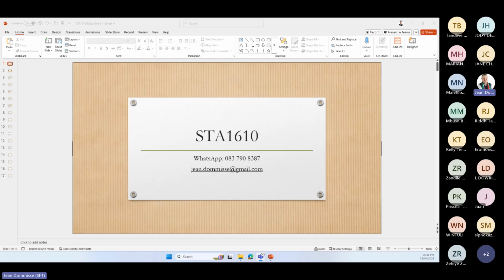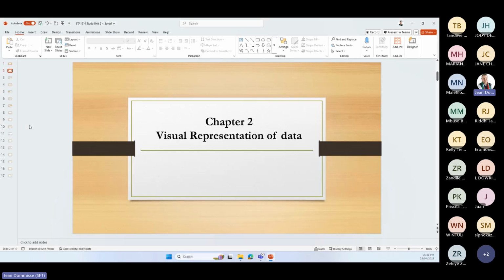So tonight we're looking at study unit 2. Study unit 2 is basically just the next step from what we covered last week. Last week we looked at ways that we classify data, types of variables, those kind of things.